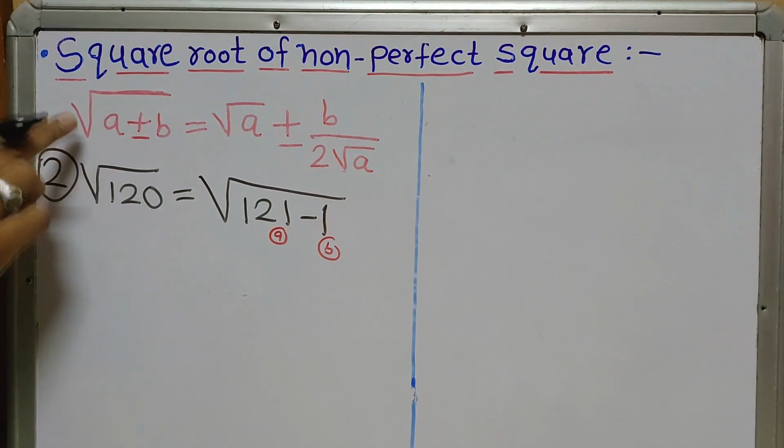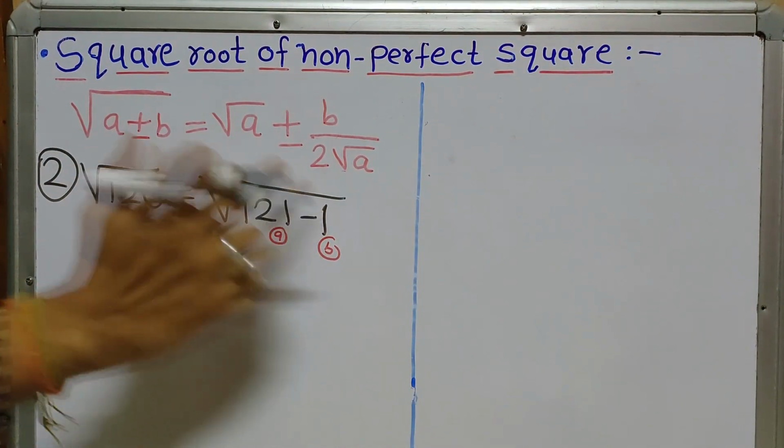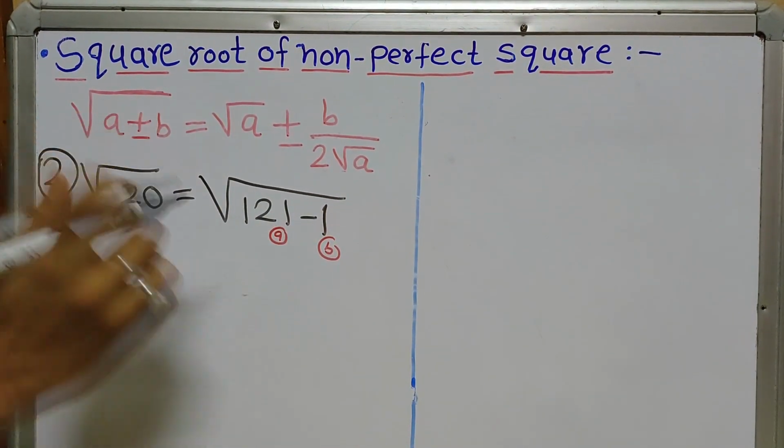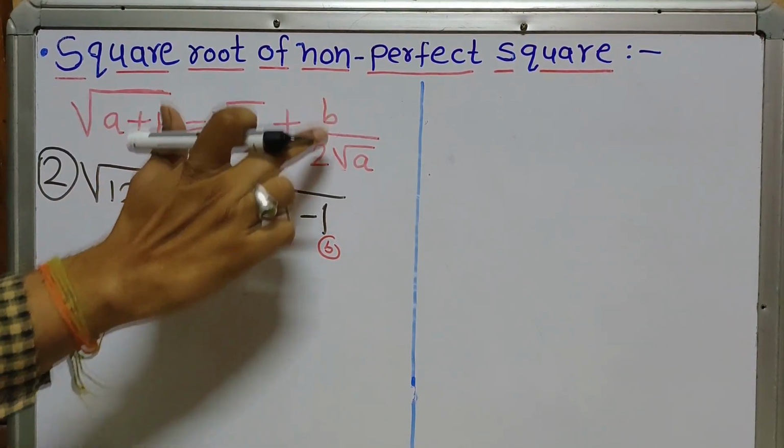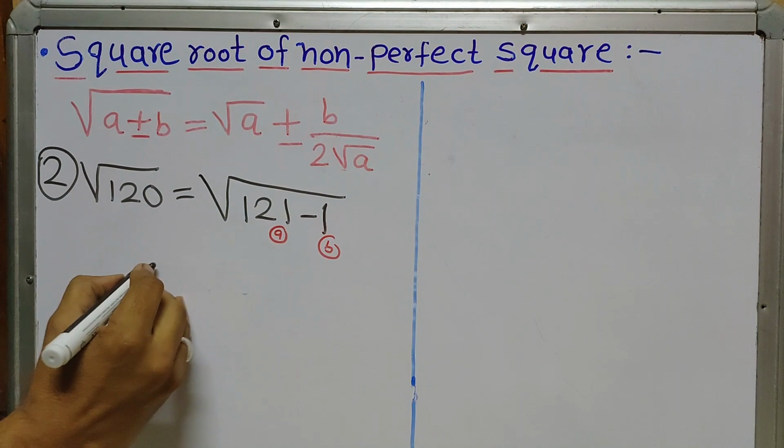So for square root of a minus b, the formula is square root of a minus b upon 2 root a.